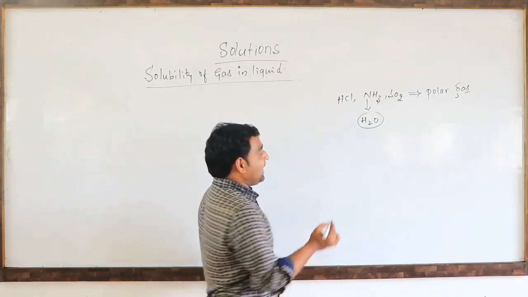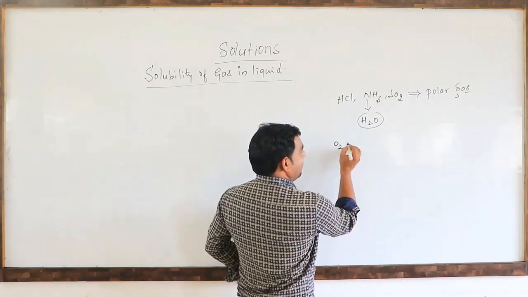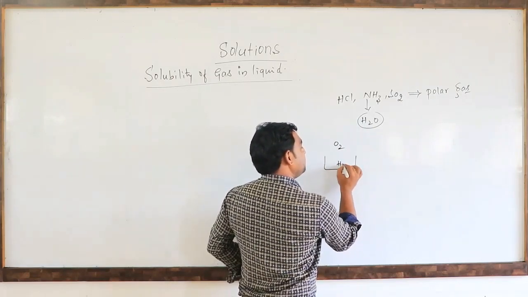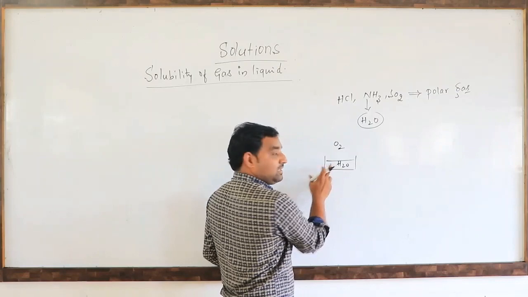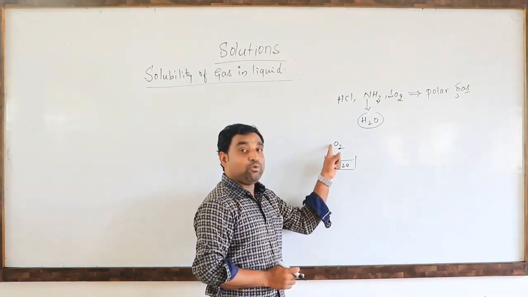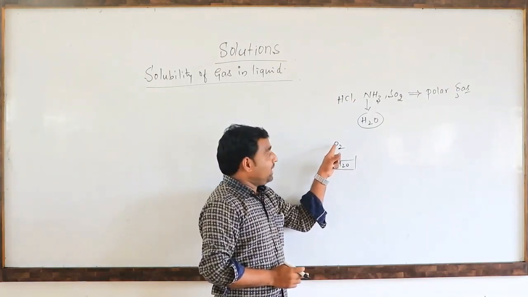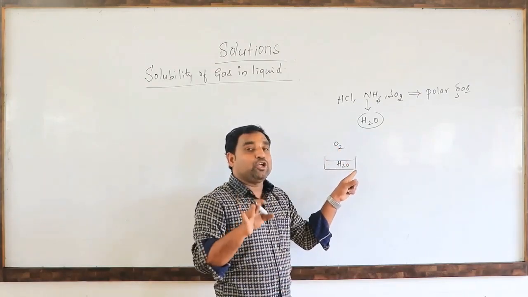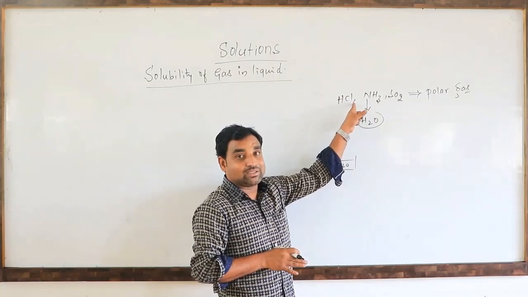Now take non-polar gases, for example oxygen. When oxygen is dissolved in H2O, which is a polar solvent, oxygen, being a non-polar gas, has less solubility compared to the polar gases.